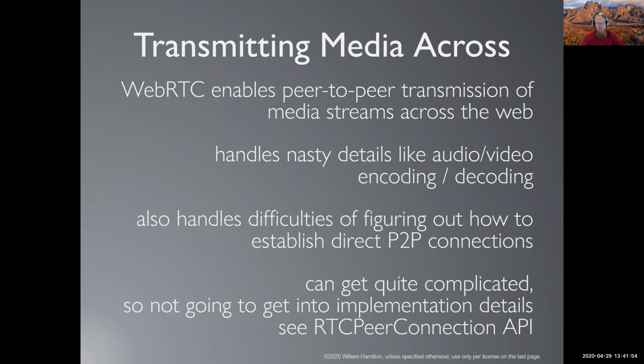So the general process for establishing one of these connections happens through what is called signaling. WebRTC, the API, provides basically all these things to get access to media, to establish connections to other WebRTC clients. However, it relies on the developer to develop this mechanism called signaling.